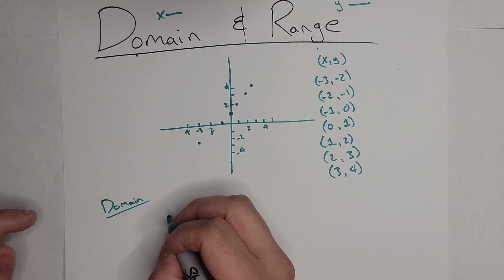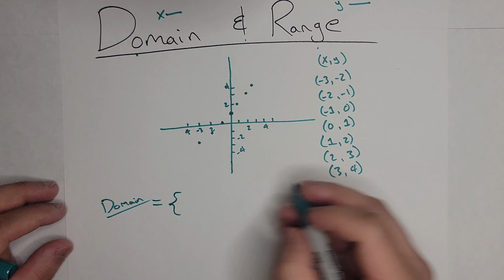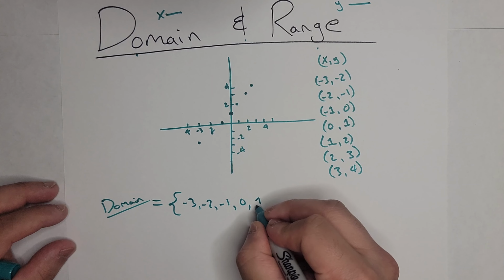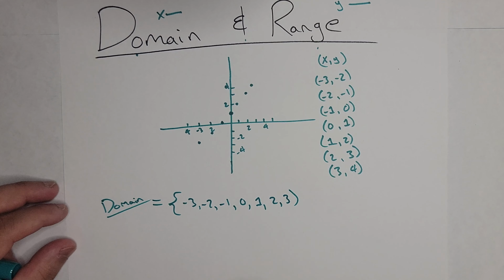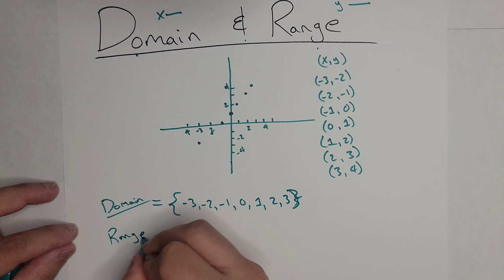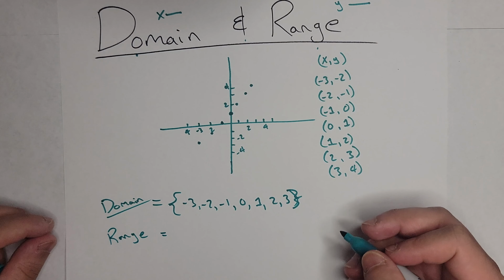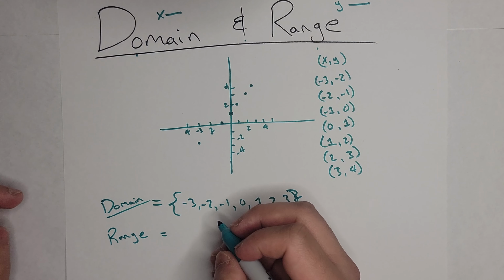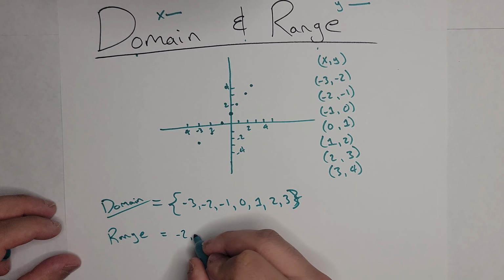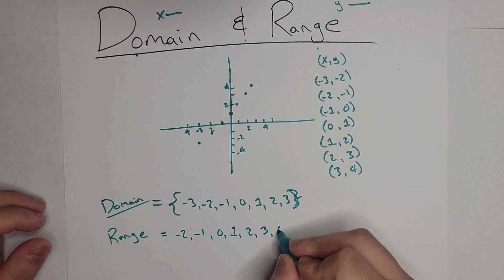So we can write our domain is equal to literally these points. And same with our range. So we can write -2, -1, 0, 1, 2, 3, 4.